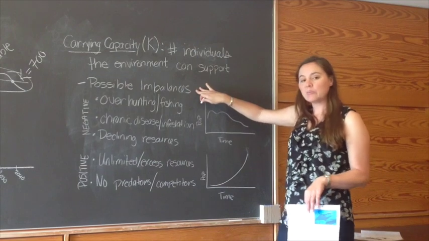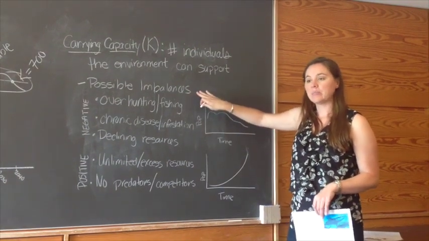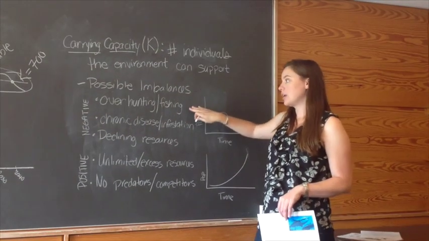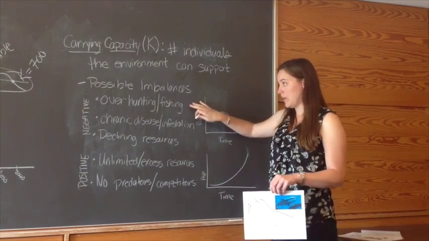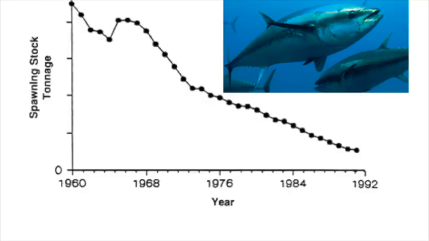Some possible imbalances that a population could experience are negative stressors from the environment. One could be overhunting or fishing, like the bluefin tuna has experienced. You can see from 1960 to 1992, their populations fell drastically because of fishing for the sushi industry.